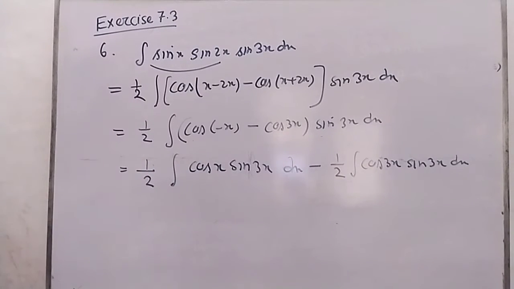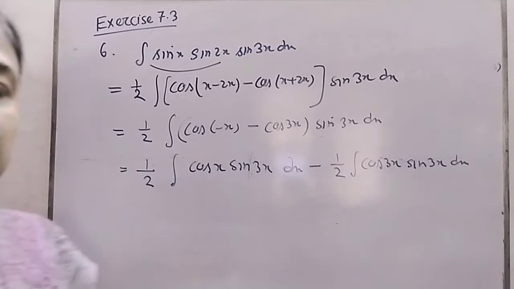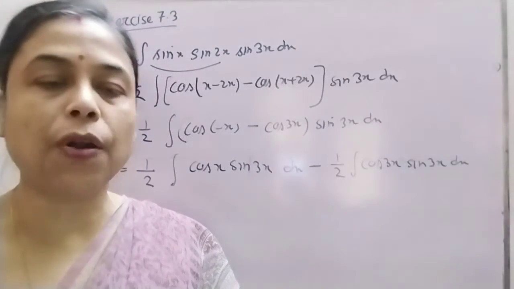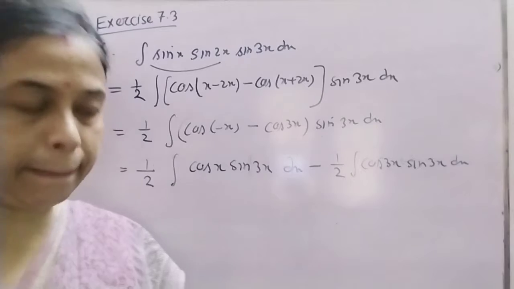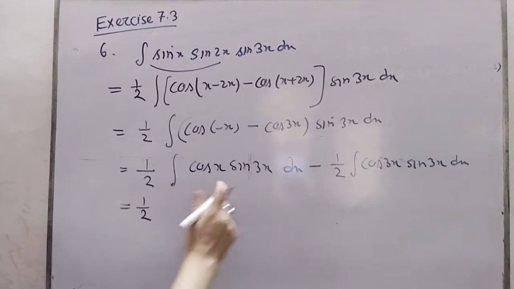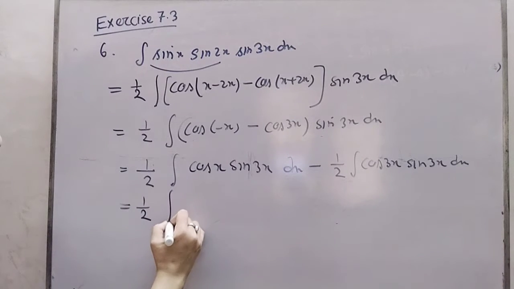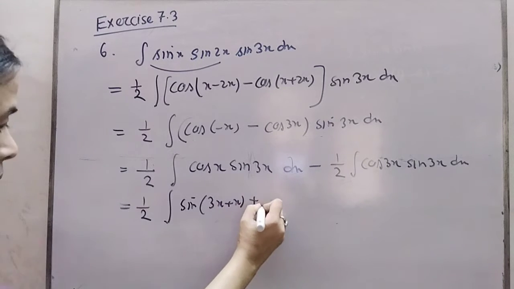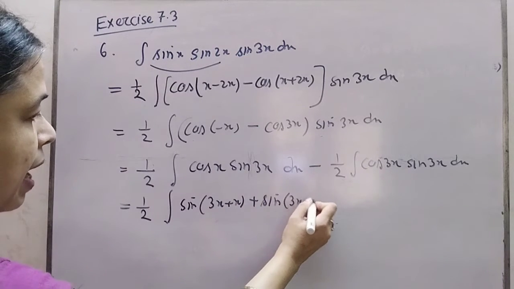Now if you want, you can separate into two parts, naming them I1 and I2, do the calculation separately and ultimately substitute, or if possible do it together. I'm doing it together. So you see here I have cos a sin b form. What is the formula of cos a sin b? It can be written as sin of (a plus b) plus sin of (a minus b).